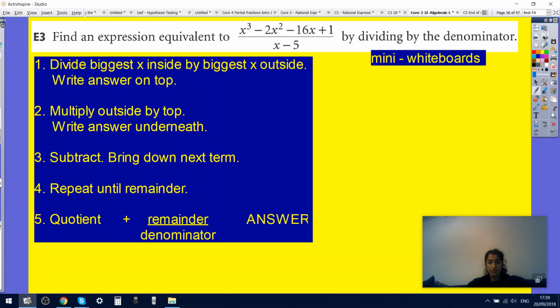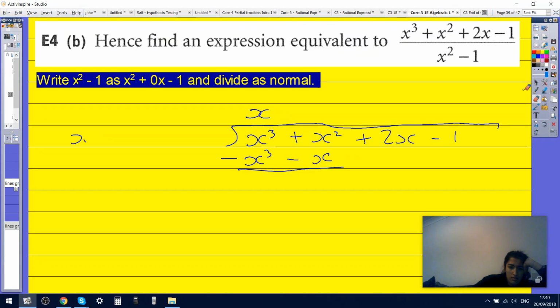If you have a question like this, and the reason why I left that space, the easiest way to do it is to rewrite this as x squared plus 0x minus 1 if there's a term missing. And then what do you do? So now same thing again. So that's x cubed.